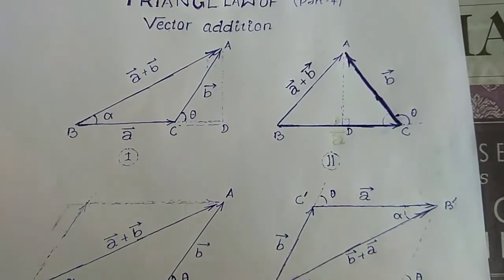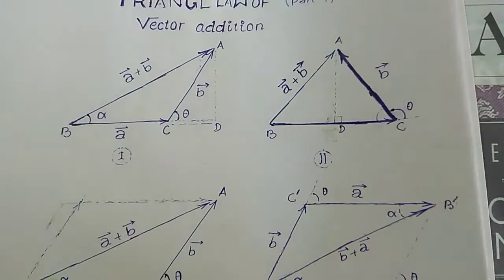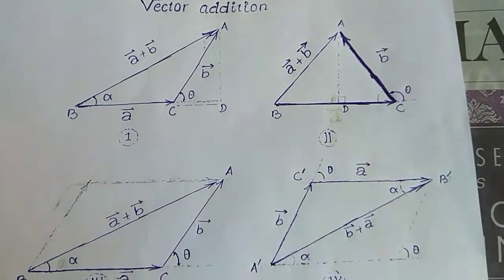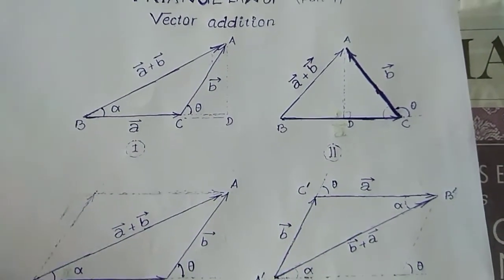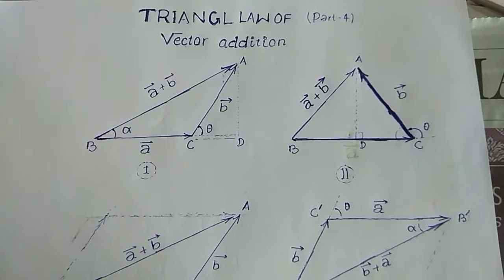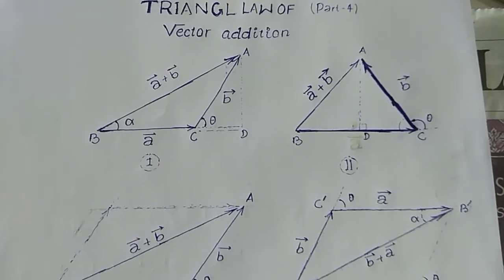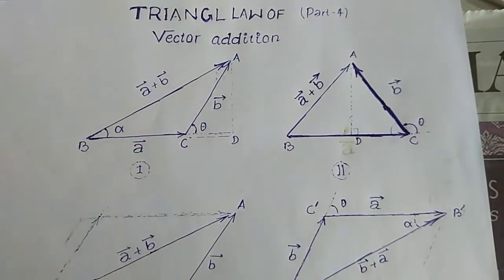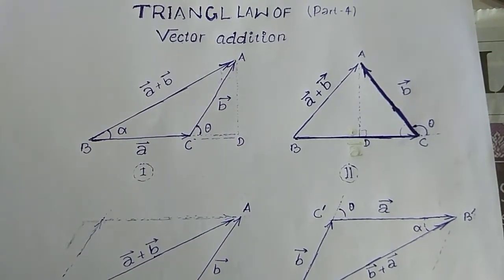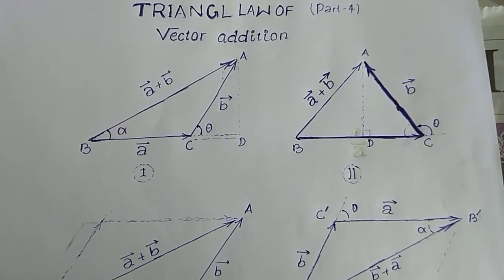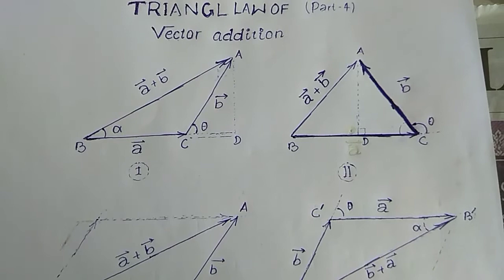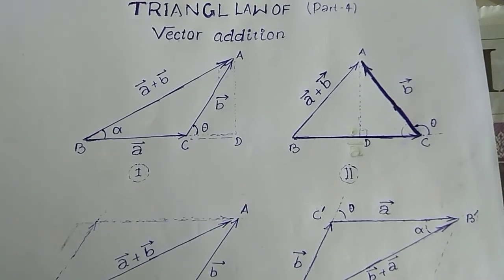Actually, vector addition is only the triangle law of addition. There is no other addition for obtaining the vector sum.